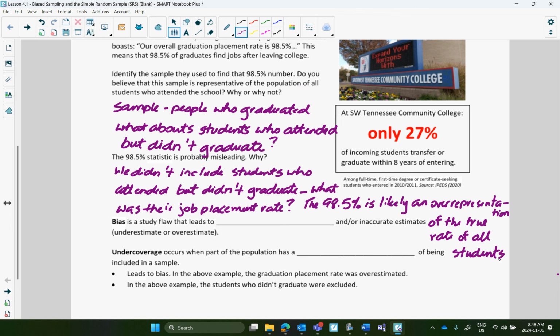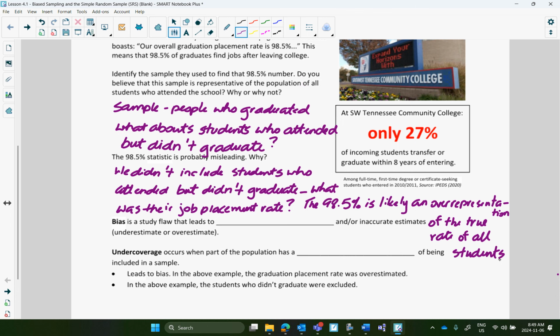You're right. I mean, maybe we just want to focus on those that graduate. It is certainly possible. Okay. But let's say we wanted to know about all students, but if we just pick the graduates, okay, that's not a representative sample because likely most graduates would have got jobs, which we can see here, but that wouldn't represent all the students who attended. That number would be too high.